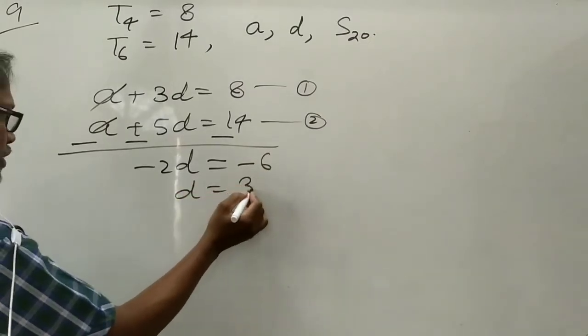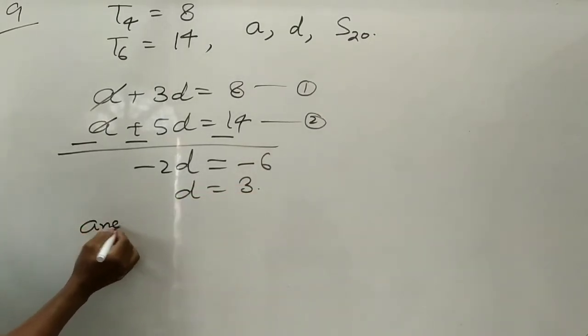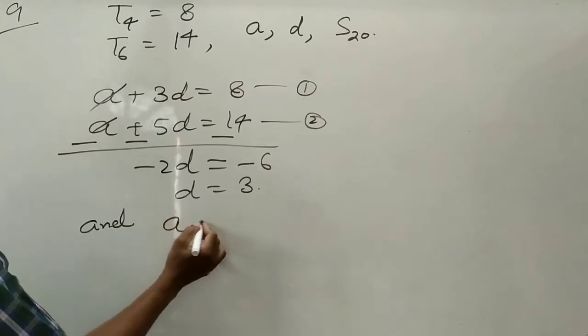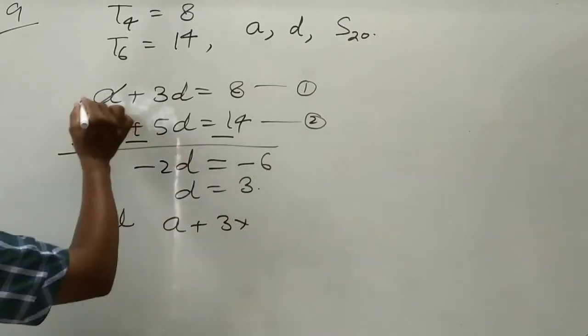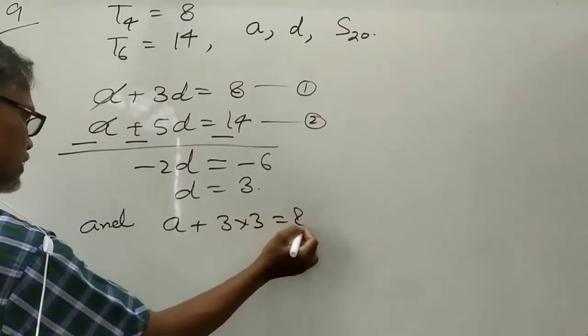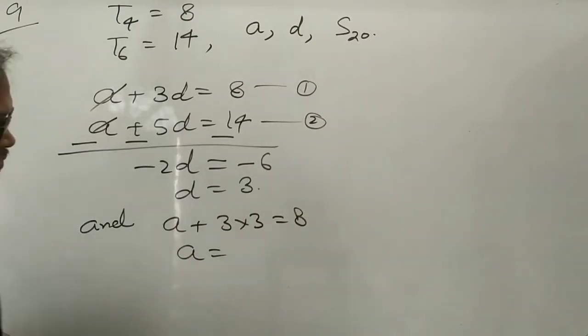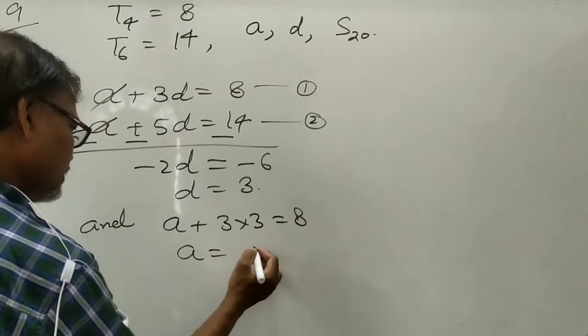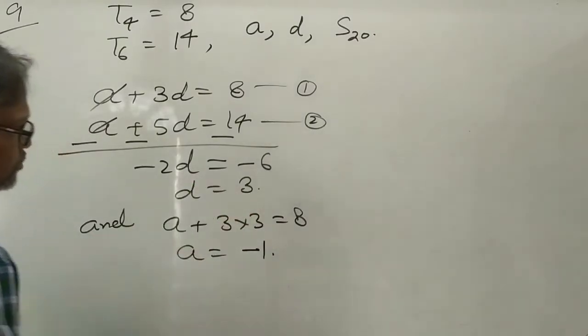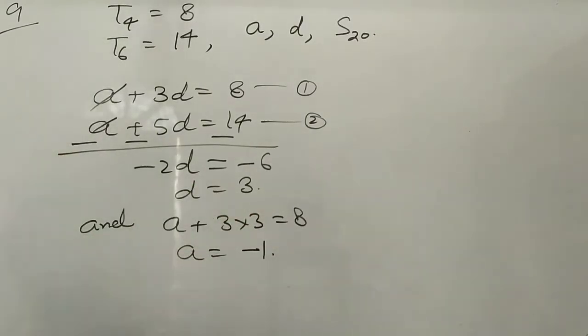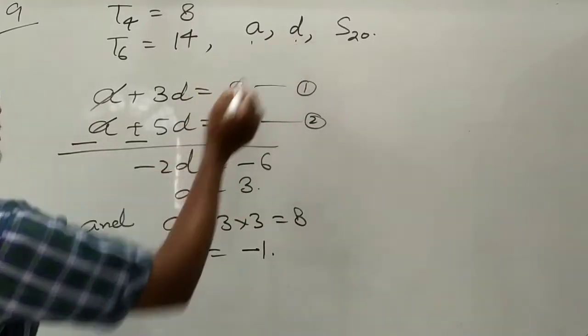So d is equal to 3 and a, putting the value of d in equation 1, is equal to 8 minus 9, meaning minus 1. So minus 1 is the first term and d is equal to 3 is the common difference.